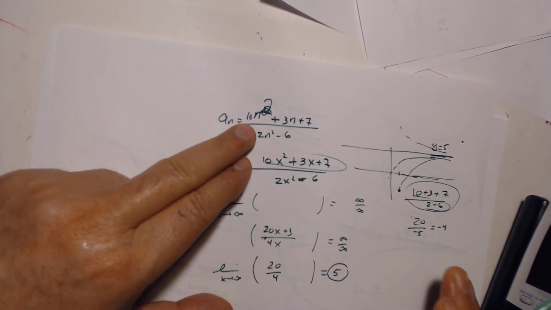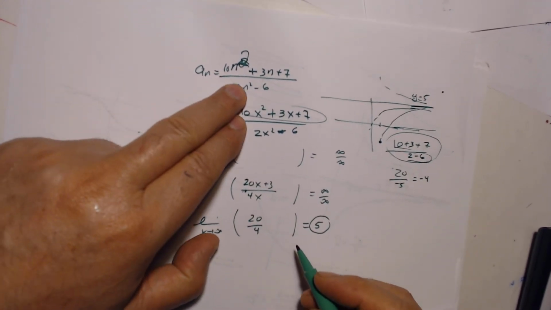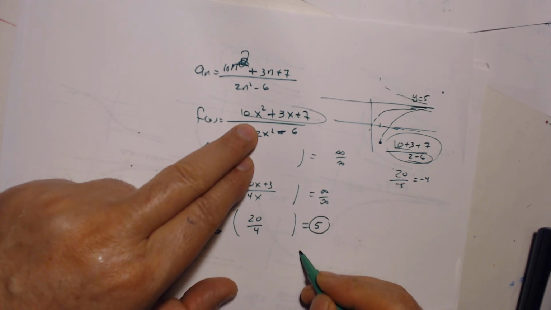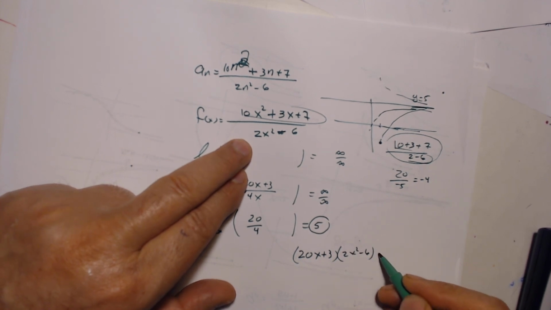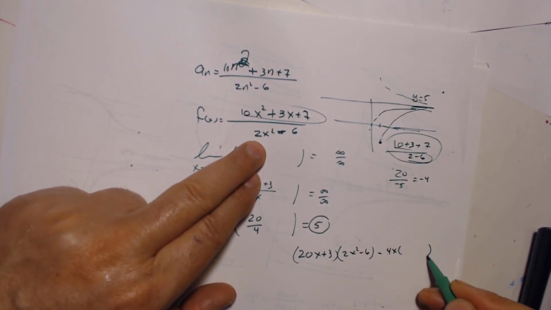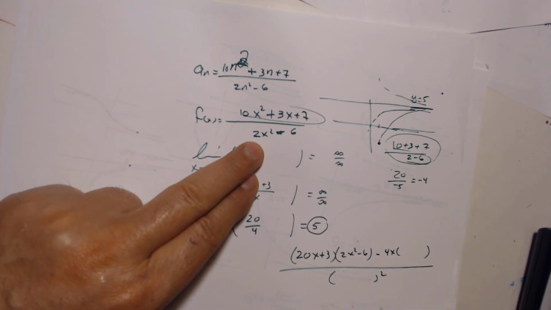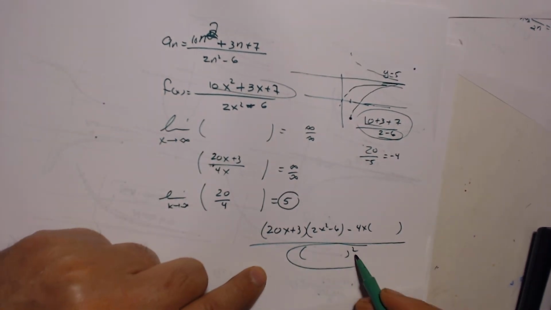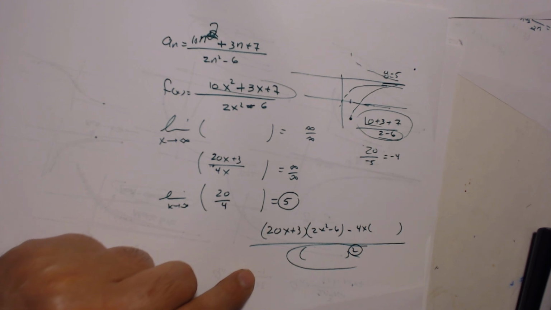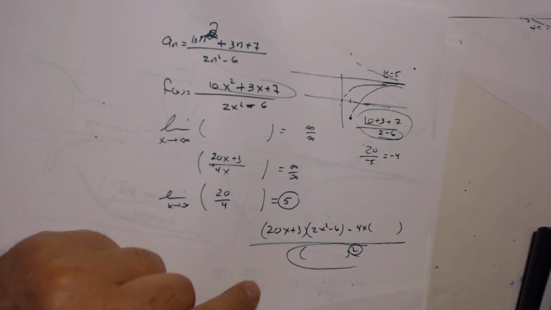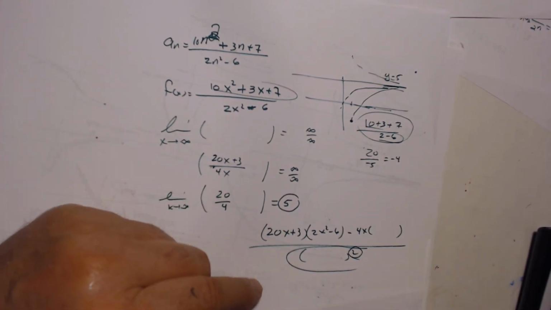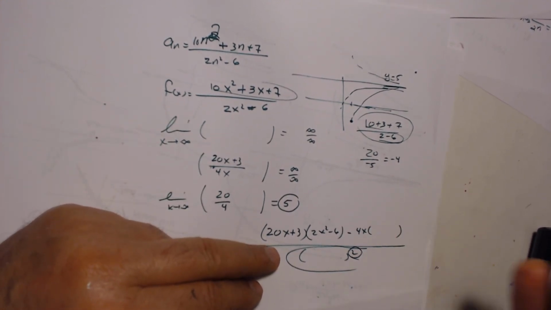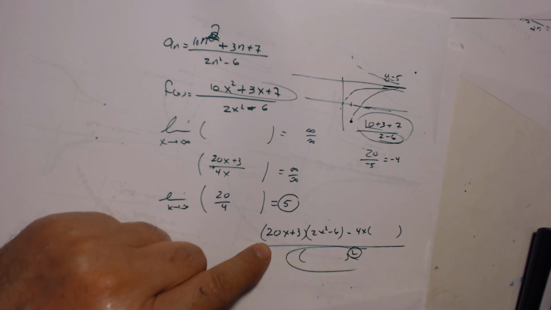You can go take the derivative right here. 20x plus 3, derivative of the top times the bottom, minus derivative of the bottom times the top, over bottom squared. Therefore, you know the bottom is always going to be positive because of that one. Then, if I pick any numbers for x, like 8, 9, 10, 11, 12, let's make it 10.